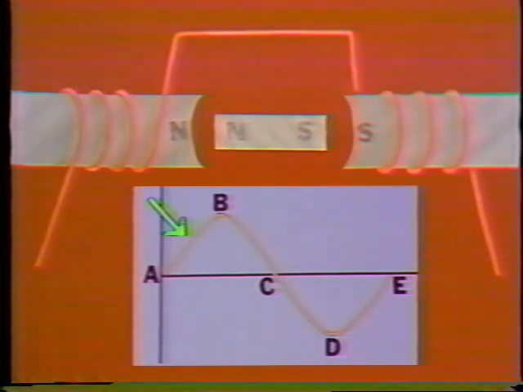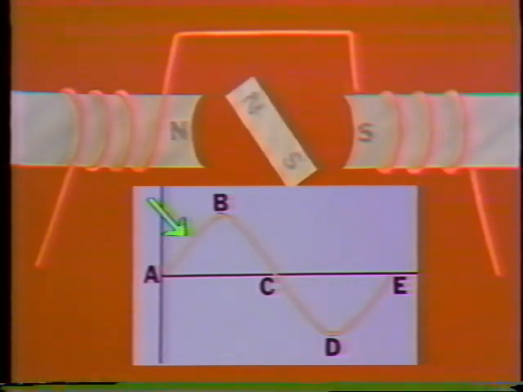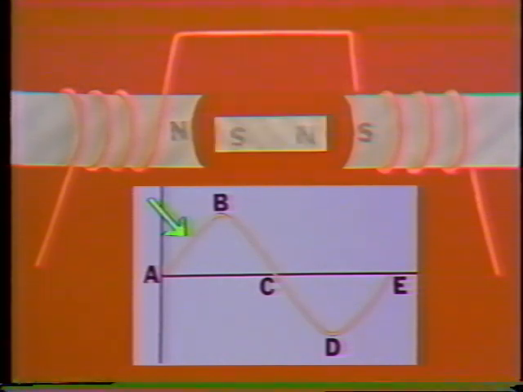Since like poles repel, the rotor is first repelled by the magnetic field, so it starts to turn. Then, since opposite poles attract, the rotor continues to rotate until its poles come under the opposite poles of the stator. Between B and C, the magnetic field decreases because the current decreases.